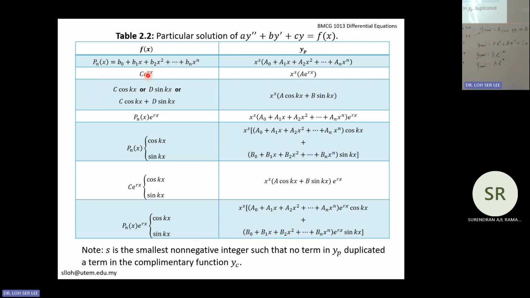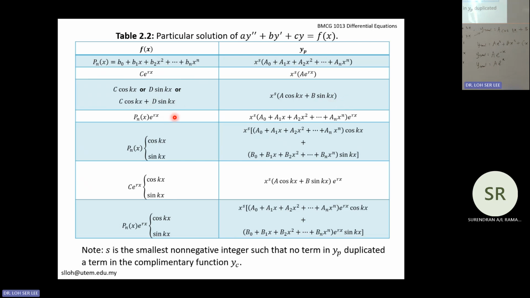And for exponential function, your general form is A e to the Rx. And either cos or sine or the linear combination of cos and sine with the same angle, it must be the same angle. Then you have this. These three cases, I will start with these three basic cases first.